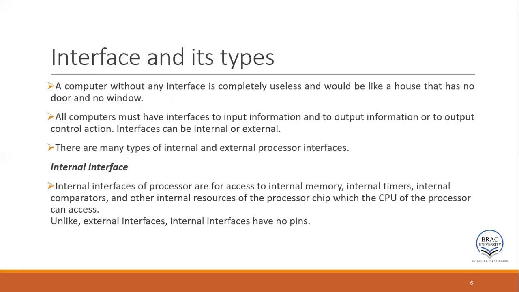In an internal interface, the CPU can access internal RAM, timers, and other internal resources through the system bus and exchange information with them. Here, the system bus means the data bus, address bus, and control bus. Unlike external interfaces, internal interfaces have no pins.